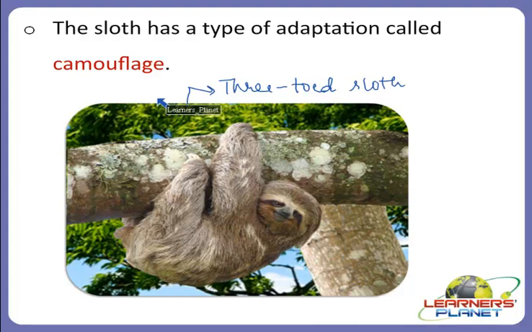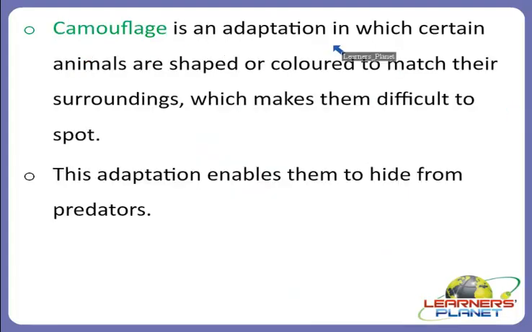The sloth has a type of adaptation called camouflage. Now what is camouflage? It is an adaptation in which certain animals are shaped or colored to match their surroundings, which makes them difficult to spot. And this adaptation enables them to hide from predators.